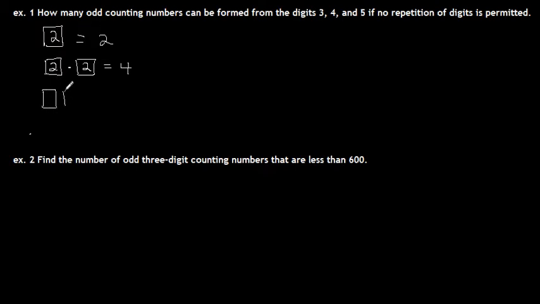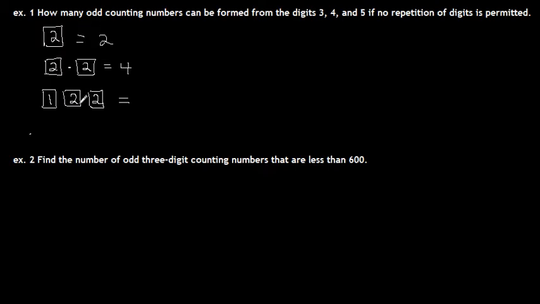Okay, now we need our 3-digit odd numbers. To be an odd number, this has to be odd. So we can either put a 3 here or a 5 here. There's only 2 possible numbers that we can put here. If we use one of the numbers, there's only 2 numbers left to put here. And if we've used a number here and a number here out of the 3, there's only 1 number we can put here.